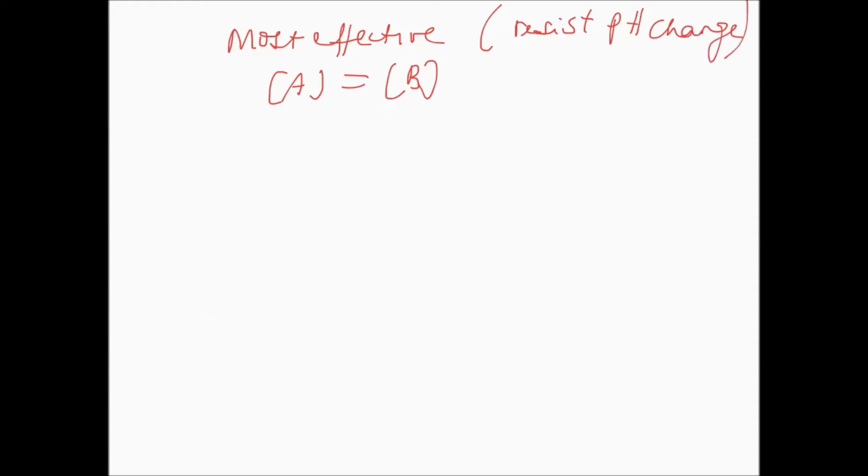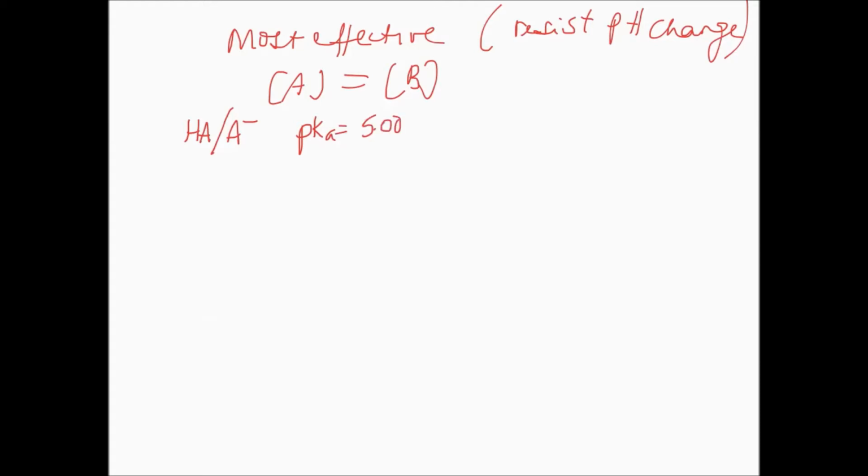Okay. I want to explore this idea by considering the behavior of some generic buffer which contains some weak acid, maybe HA, and its conjugate base A minus, for which you have a pKa of maybe 5.